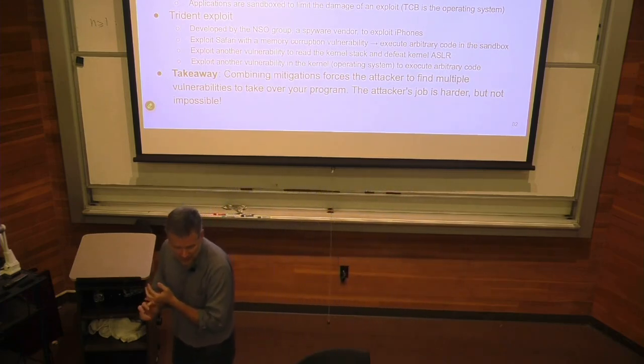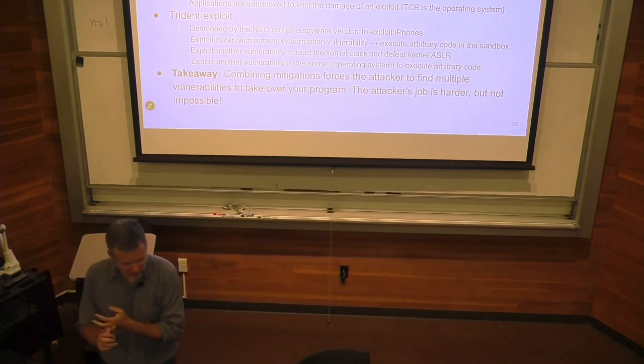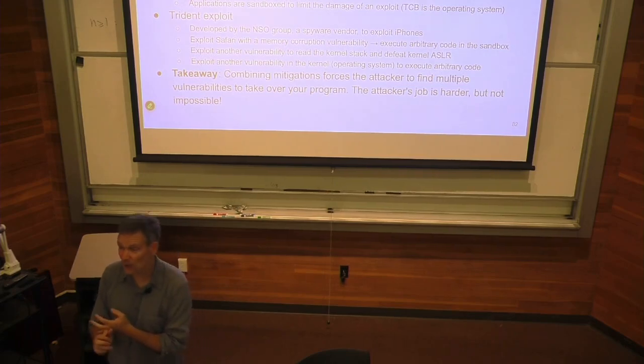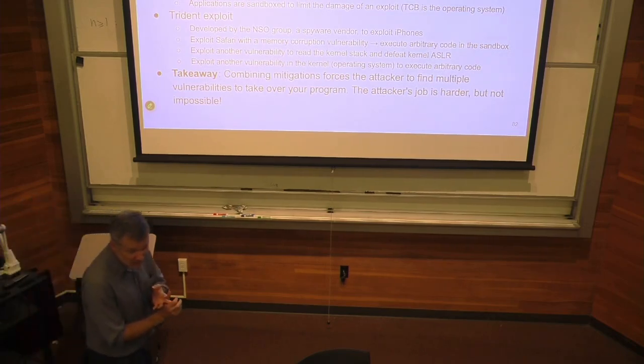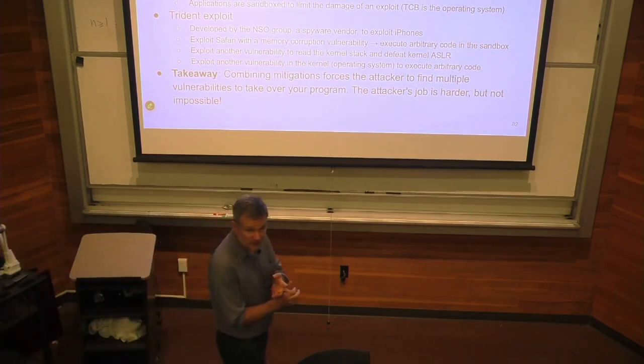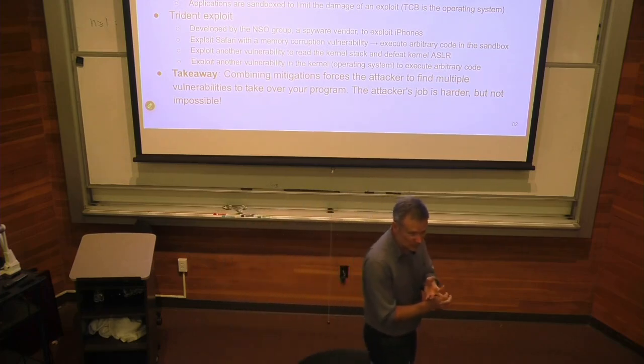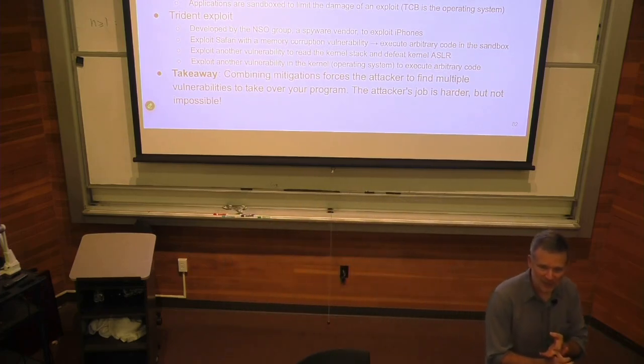So then they found a vulnerability in the kernel that allowed them to read addresses stored inside the kernel, because the kernel was using ASLR. And then they found another vulnerability in the kernel, a buffer overrun vulnerability that allowed them to escape the sandbox and from within the sandbox attack the kernel and gain control of the kernel.